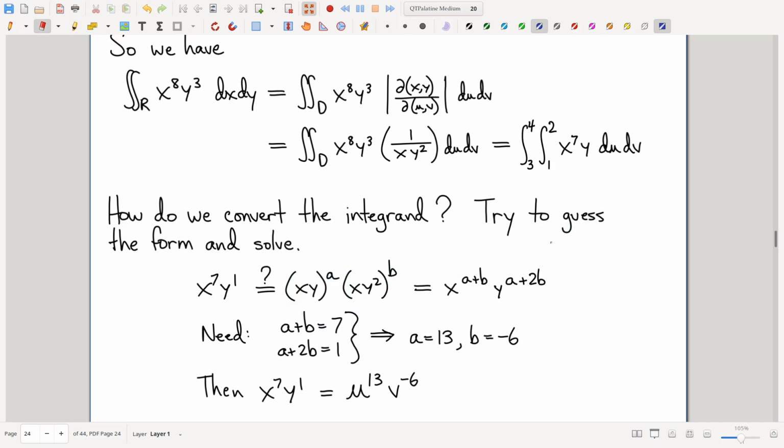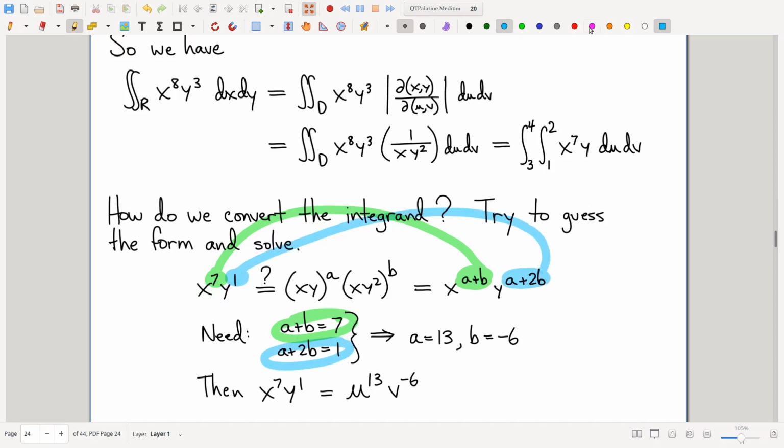When you multiply everything out, you'll notice that A plus B has to equal 7, and A plus 2B apparently has to equal 1. You need to figure out how to solve that little system of equations, linear algebra. Y'all are experts at that.